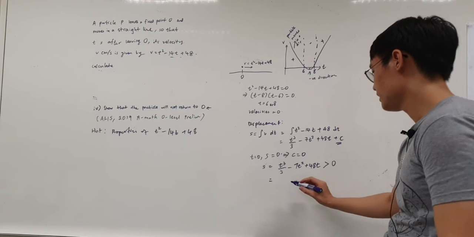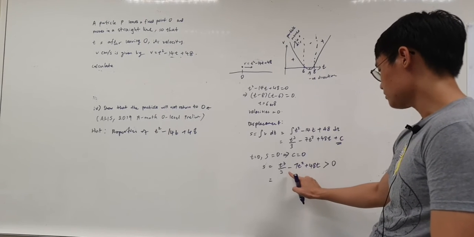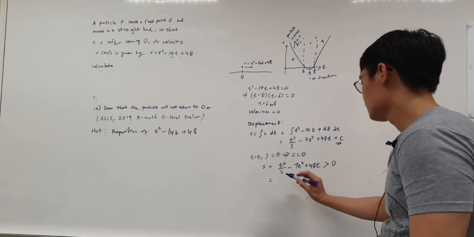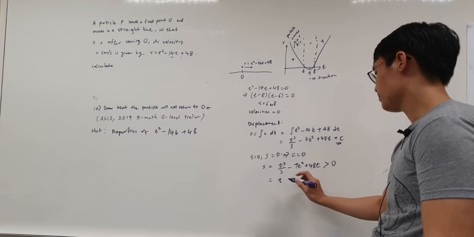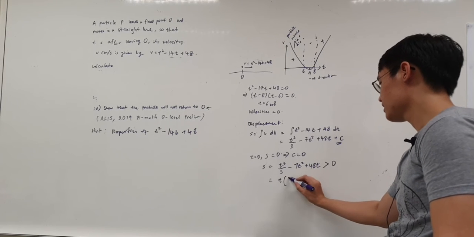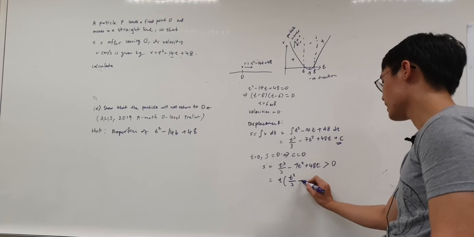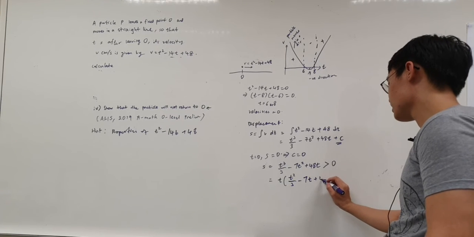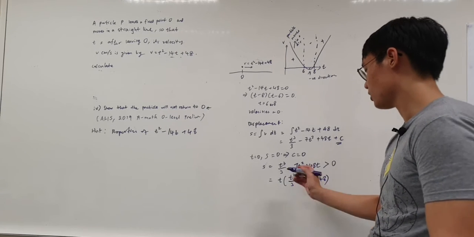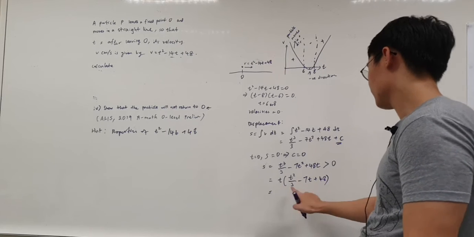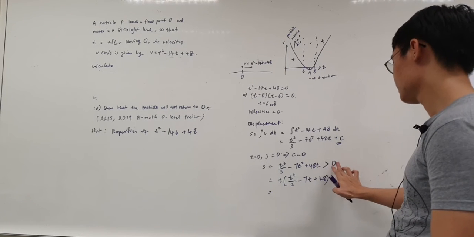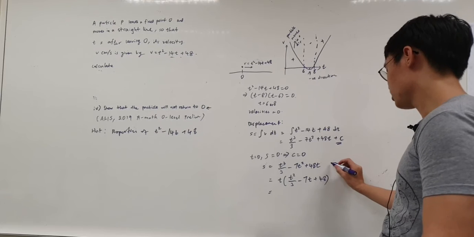So we can actually just do a simple factorization over here. t times t squared over 3 minus 7t plus 48. And take out 1/3, so I multiply the 3 on. So you just need to prove that s is larger than 0.